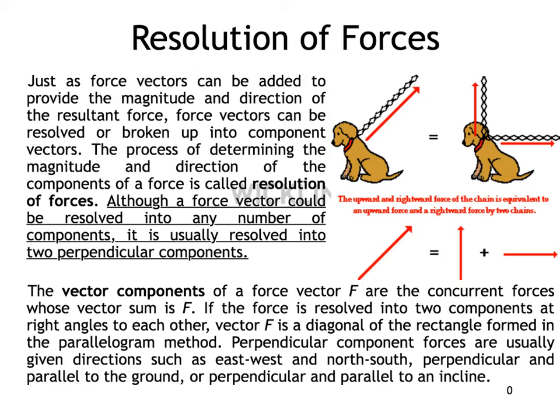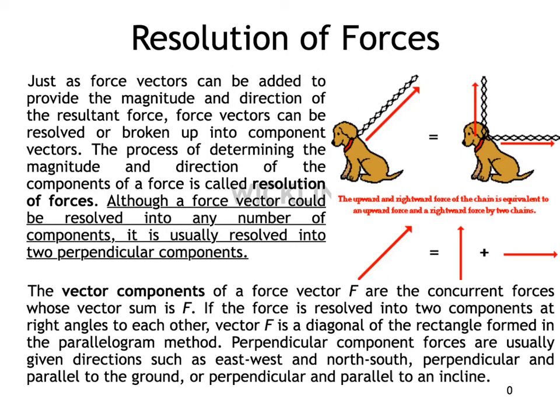So this slide is just introducing that idea that you could take, for instance, this vector right here. You could think of it as a resultant, and you could break it up into 2 perpendicular components, maybe a vertical component and a horizontal component. So this is the resultant, and then a vertical and a horizontal.